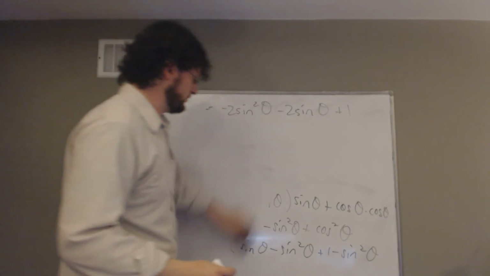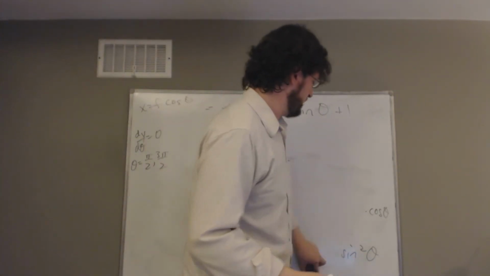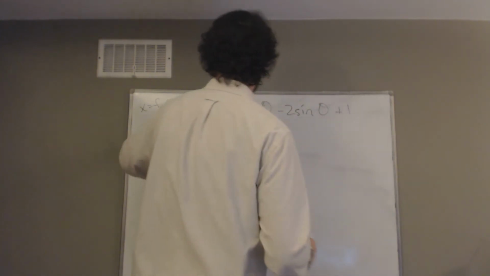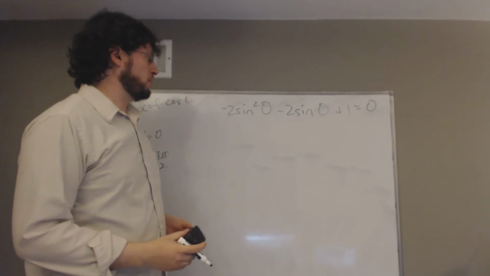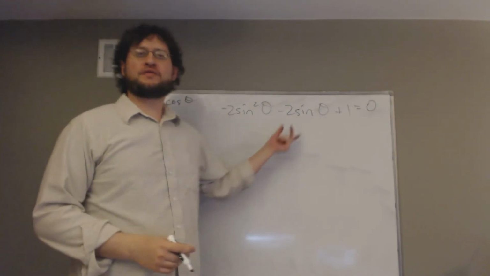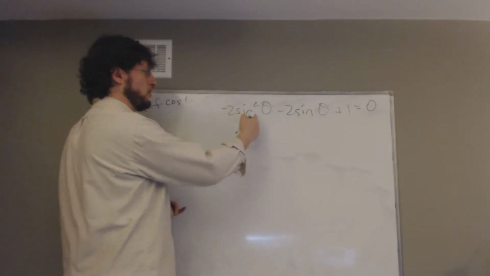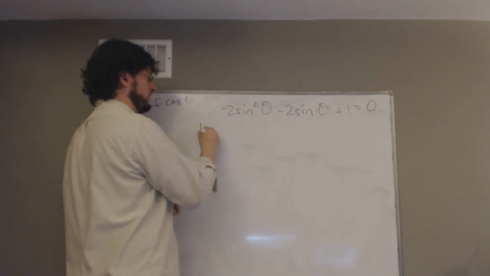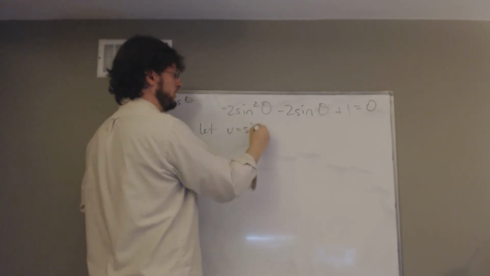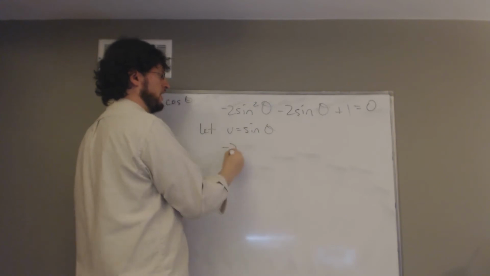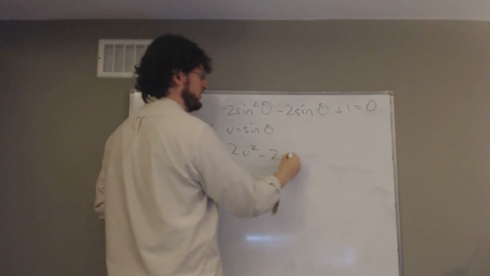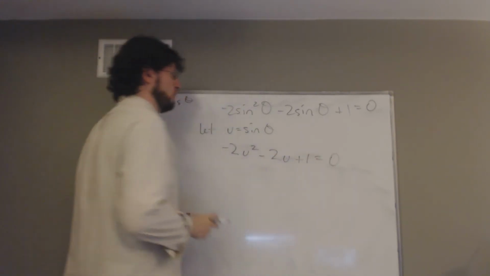Now, this looks like a mess. Remember, we're setting this equal to 0. That's our goal. But if I make a change of variables here, so suppose that if I let u equal sine theta, then this becomes -2u squared minus 2u plus 1 is 0.